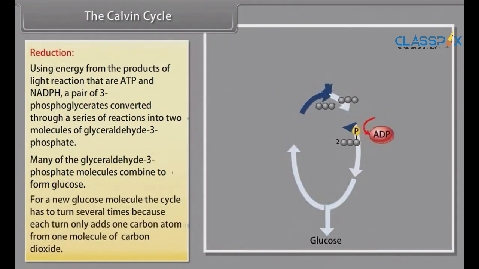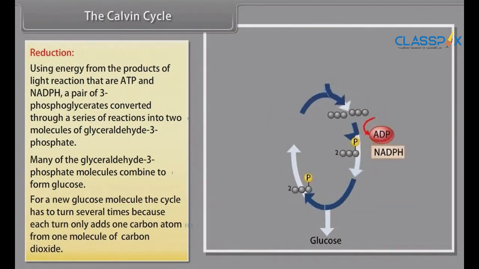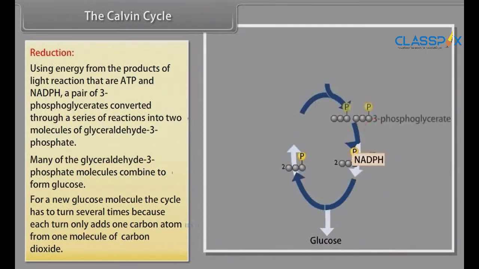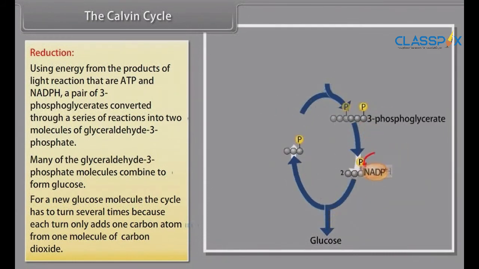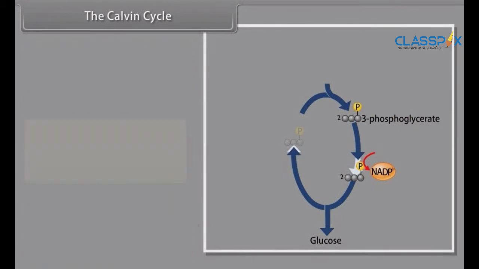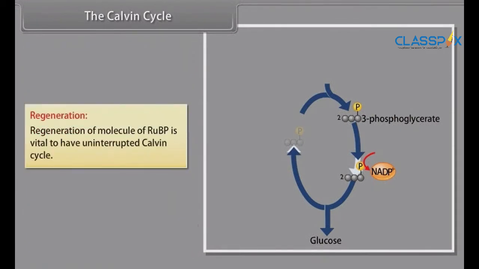For a new glucose molecule, the cycle has to turn several times because each turn only adds 1 carbon atom from 1 molecule of carbon dioxide. Regeneration. Regeneration of the molecule of RuBP is vital to have uninterrupted Calvin cycle.